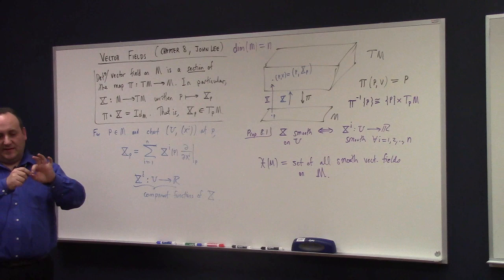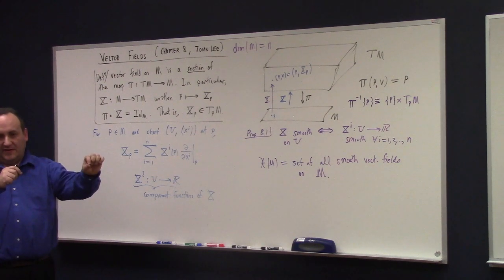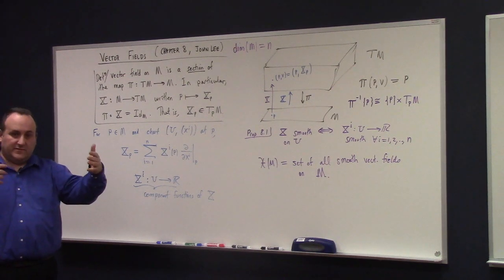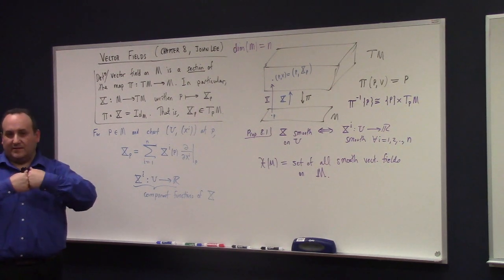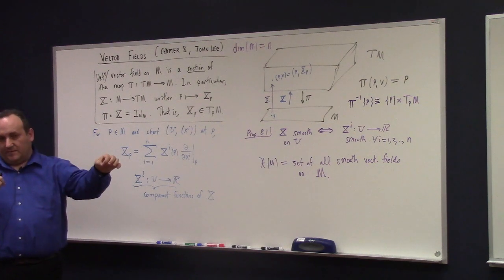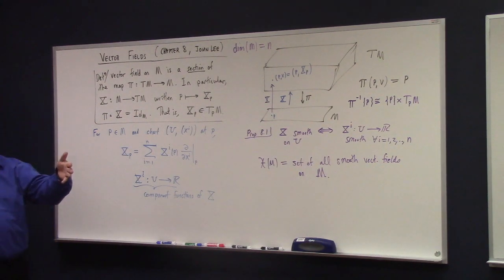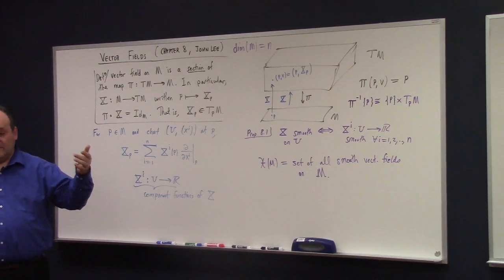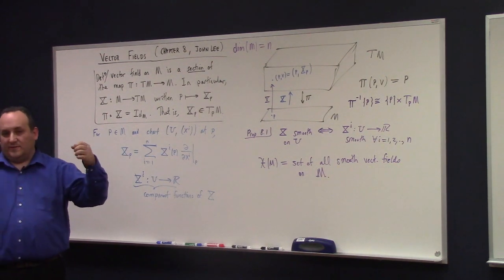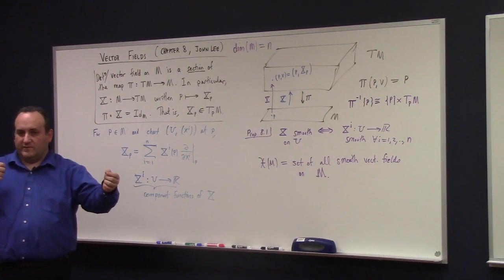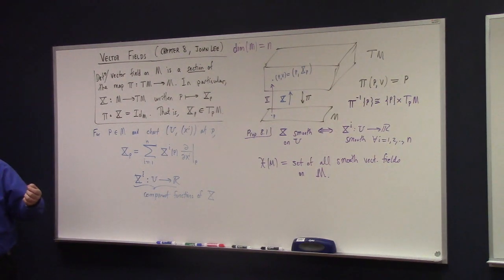To assign vectors at more than one point in a coherent fashion, we take a section of the bundle of that object, which in this case is the tangent bundle. So a section of the tangent bundle gives you a tangent vector at each point. Later, we'll talk about the cotangent bundle, which is like the disjoint union of all the cotangent spaces. If we take a section of that bundle, it will give us a covector field, which we would also call a differential one-form.